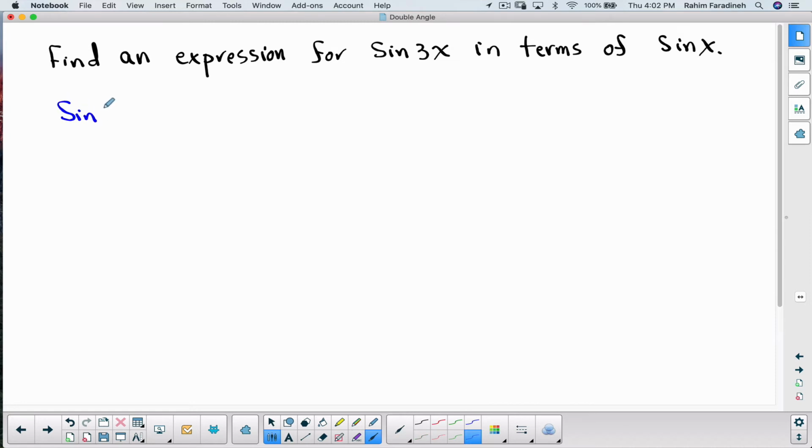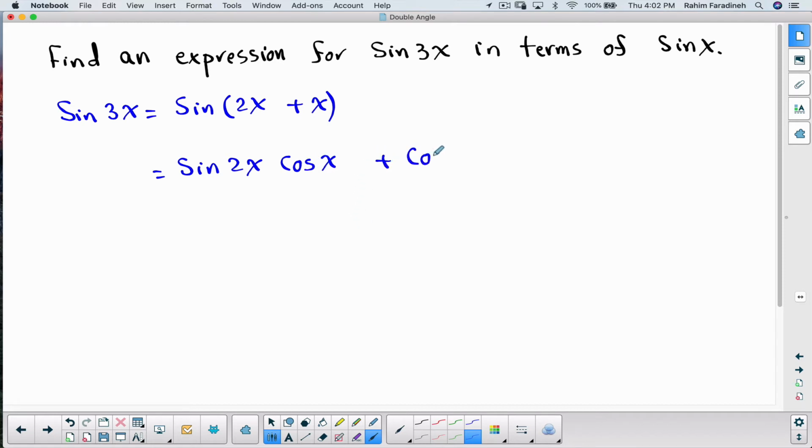So we start with sine 3x, and we're going to write this as sine of 2x plus x. So this becomes sine 2x cosine x plus cosine 2x sine x.